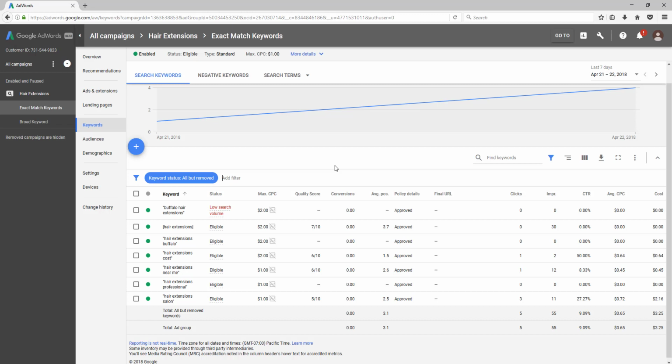They want to see it's in the URL of the page you're sending it to. They want to see that the images on your page have an alt tag with hair extensions. They want hair extensions in the text 4, 5, 6 times, so they know that they're serving up very relevant results. For quality score, I'm generally happy with a 6 or above, but ideally, especially if it's a high value keyword, you have to work to optimize your quality score up to a 9 or a 10.